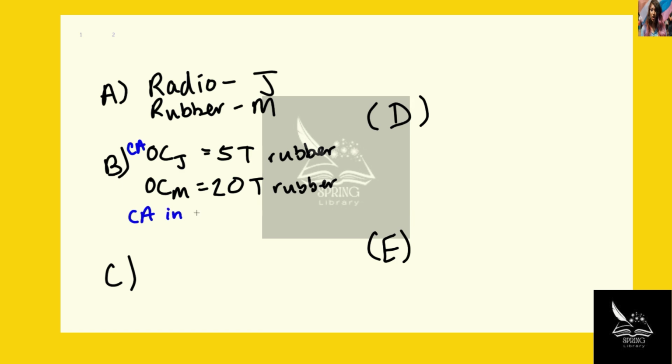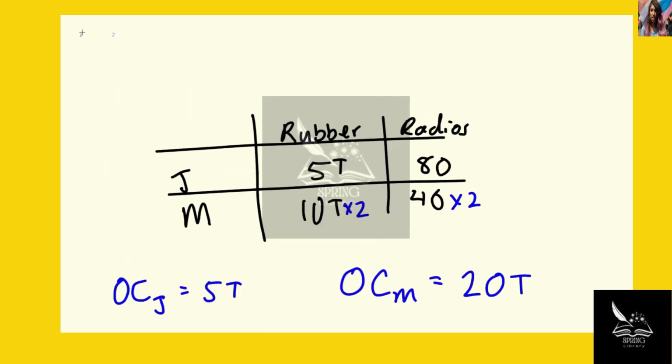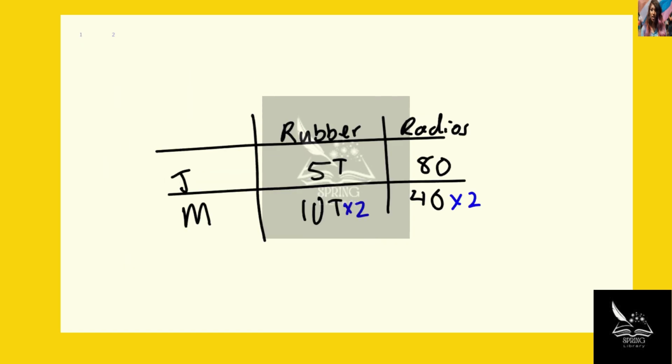And now when we're talking about how much it would cost to produce, what would the opportunity cost be for producing 10 additional tons of rubber?